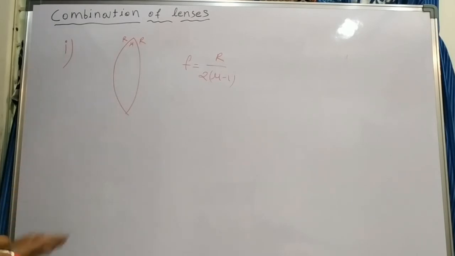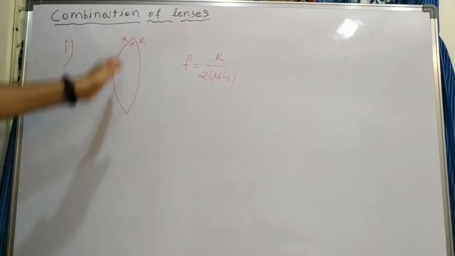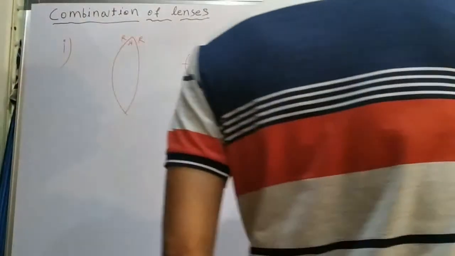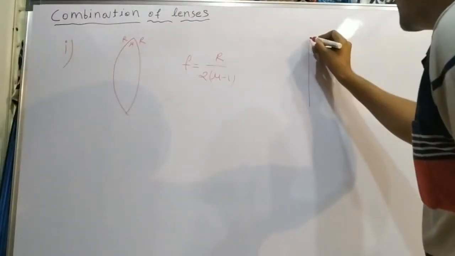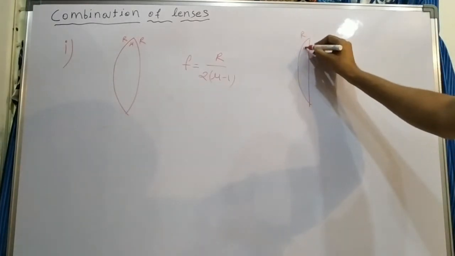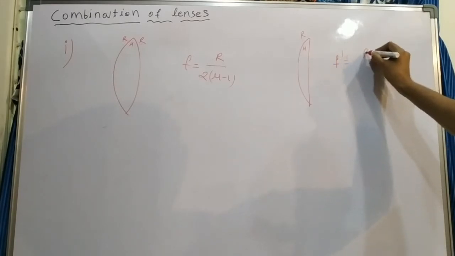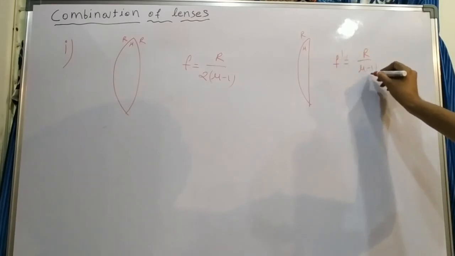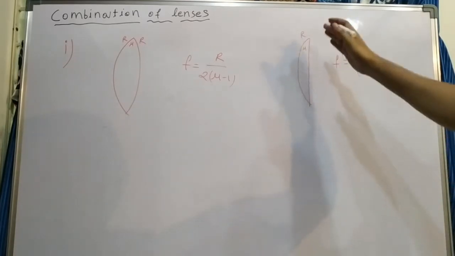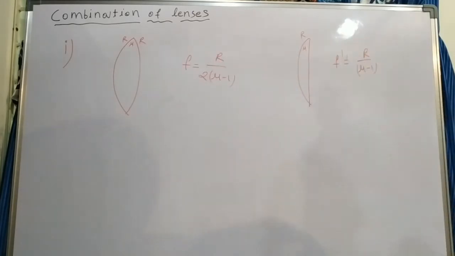Suppose you cut this lens perpendicular to the principal axis, then it becomes two plano-convex lenses. One side has radius of curvature r and the refractive index is the same. Then the focal length f dash is equal to r by mu minus 1, because on one side the curvature is infinite, r equal to infinity, and on the other side it is r.